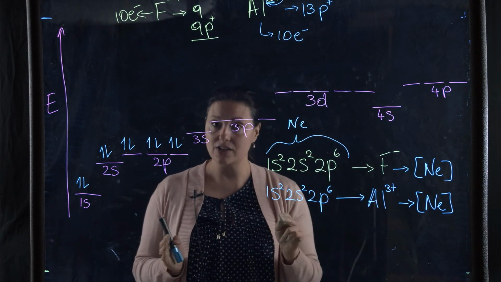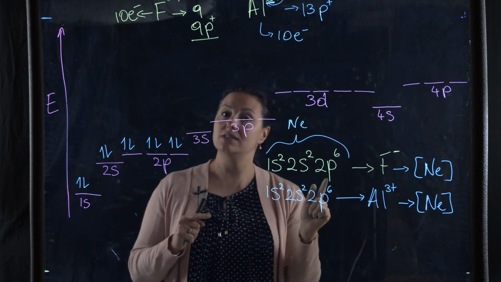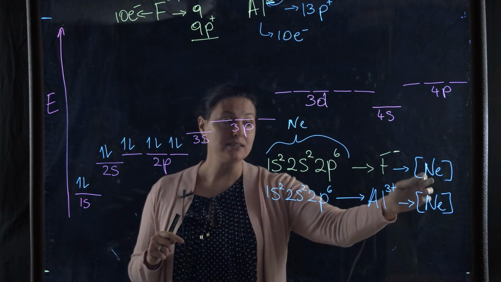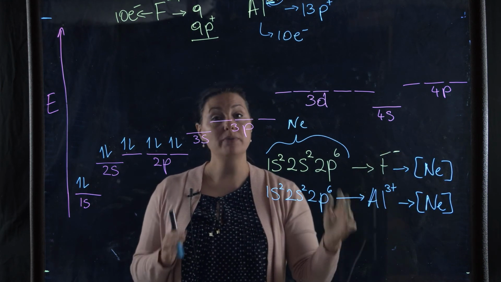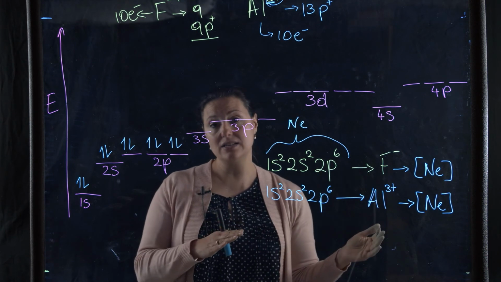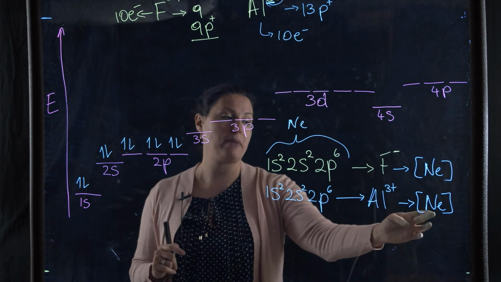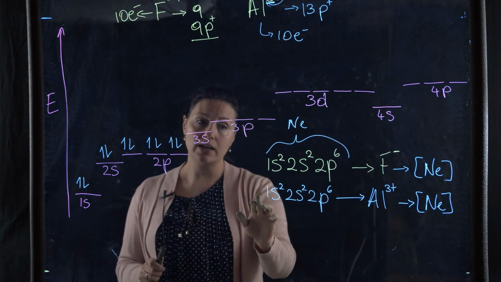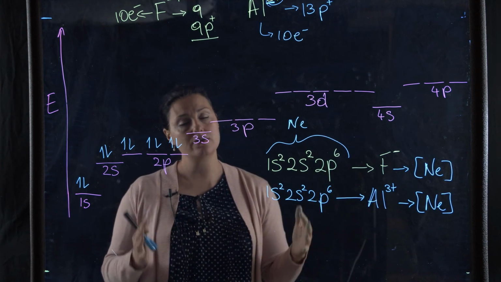Therefore, it's past neon, so it has to lose a few electrons to get back to neon. Fluorine hasn't gotten to neon yet, and it has to gain electrons to get there. Aluminum has gone beyond neon, so it has to lose those electrons to get back to where neon is. So these are called isoelectronic.